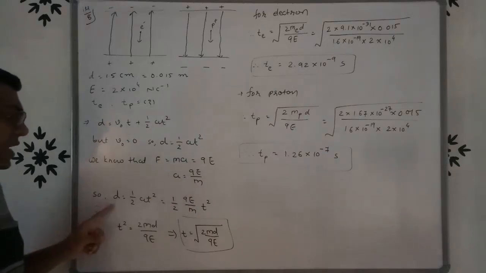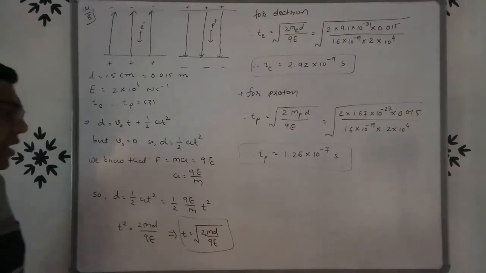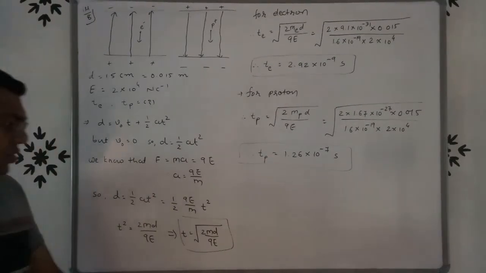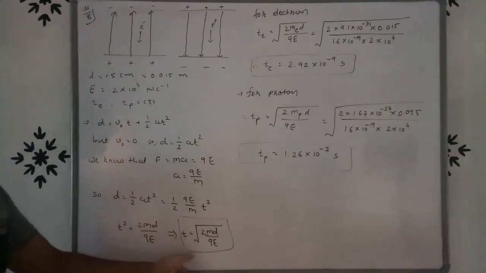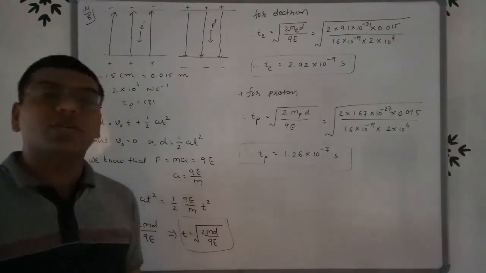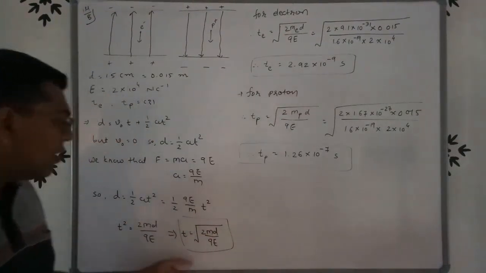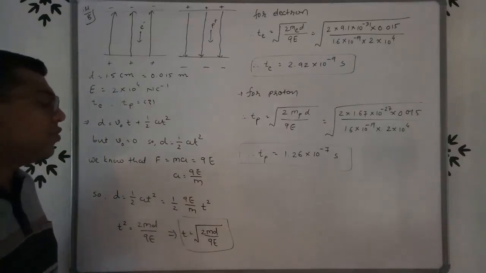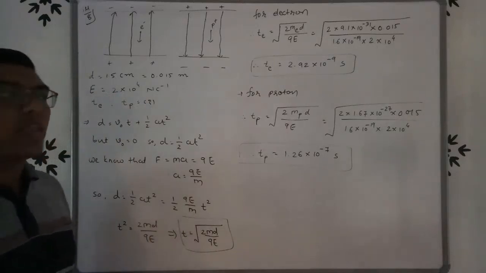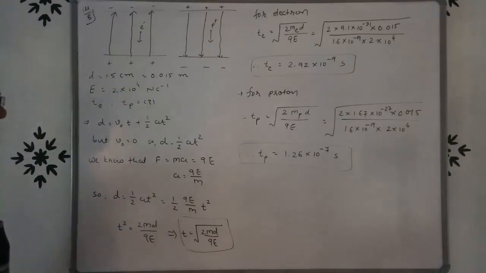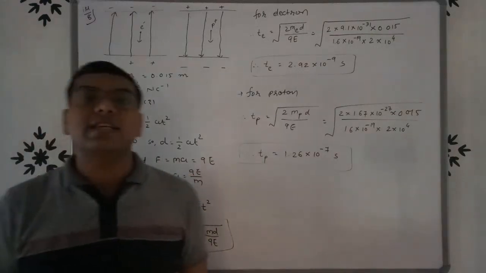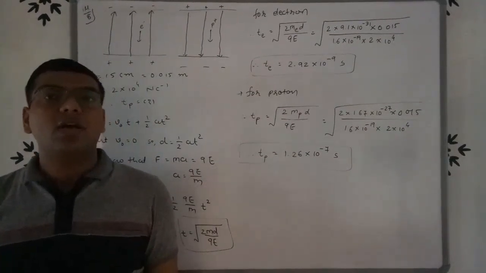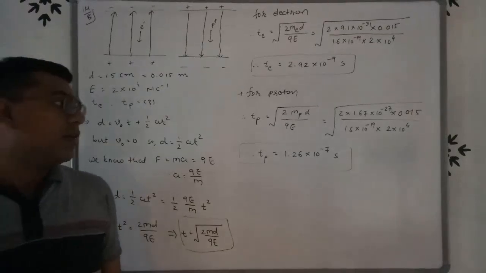So we will get d is equals to QE T square upon 2m, so T square is equals to 2md upon QE, so T is equals to under root of 2md upon QE. Now for electron TE, square root of 2 me d upon QE, and for proton TP, square root of 2 mp d upon QE. So after the calculation you will easily get the time of fall for electron and for proton.